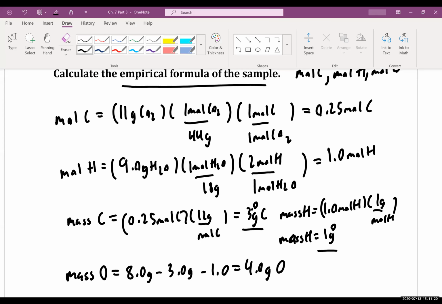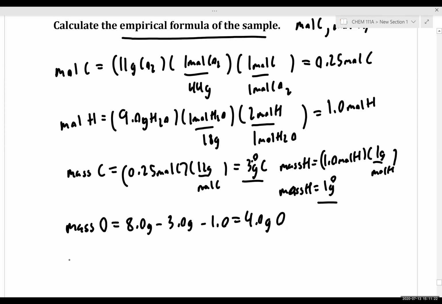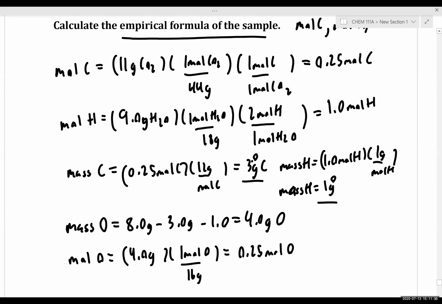Now that we have the grams of oxygen, we can calculate the moles of oxygen by taking our 4.0 grams times 1 mole of oxygen over 16 grams, which gives us 0.25 moles of oxygen.